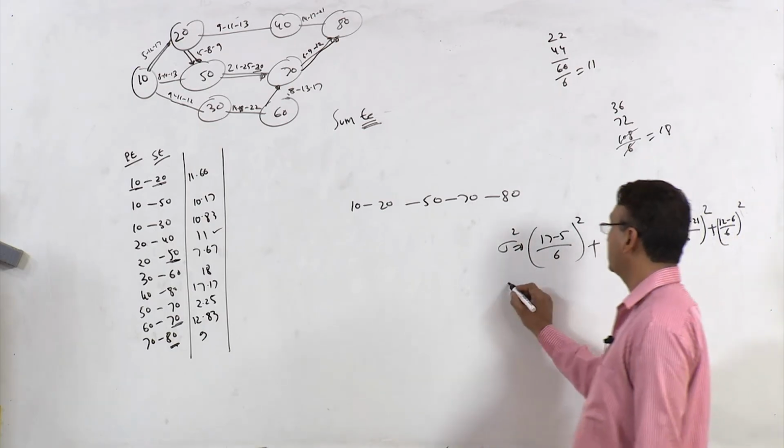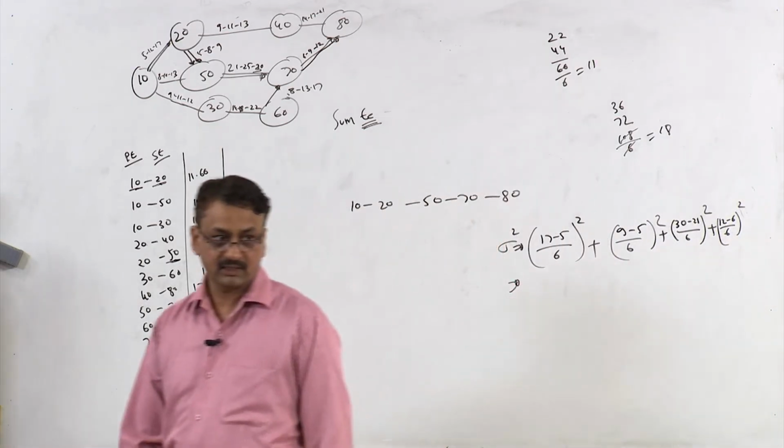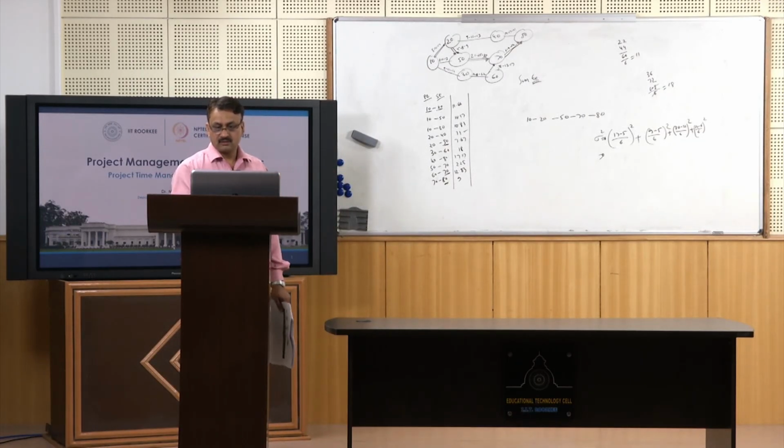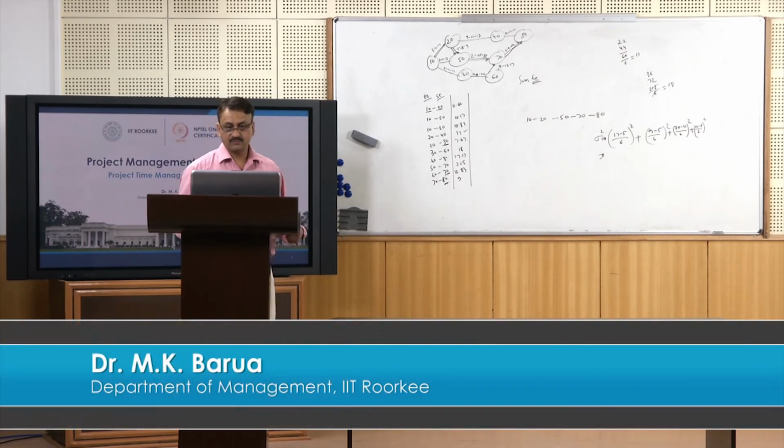So this is how you will get variance along the critical path. You just add all these values.